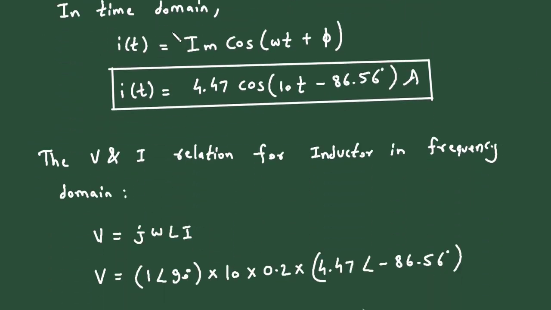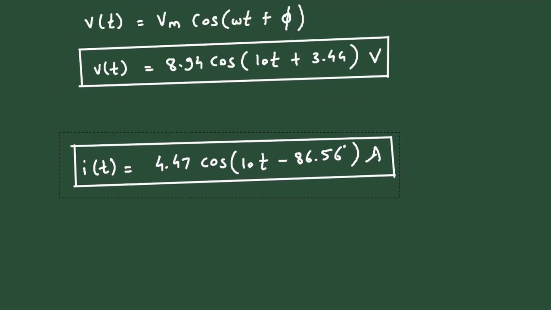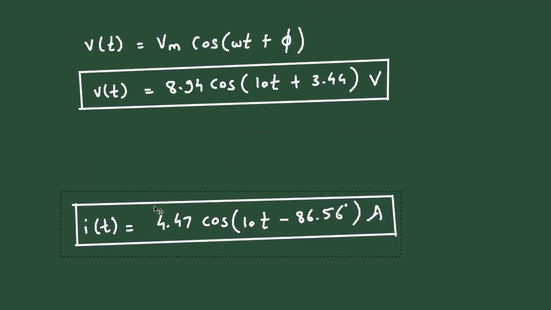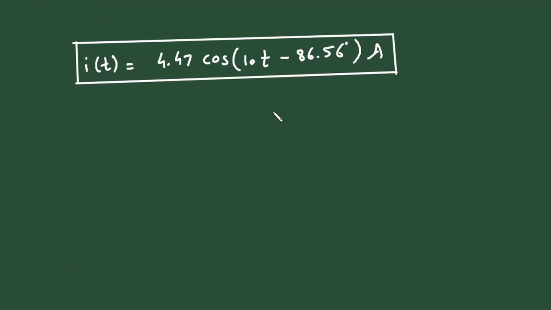So here this is the answer for current. So let's copy this, and this is voltage. So first we will convert this current. So this current in sinusoid or sine form will be I of t is equal to 4.47 sine 10t minus 86.56 degree.